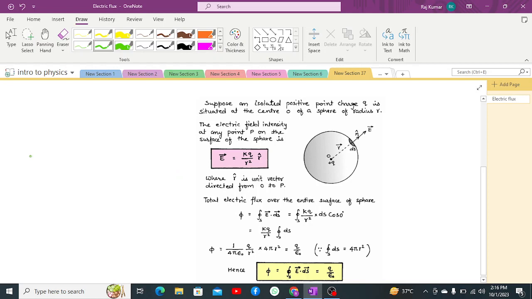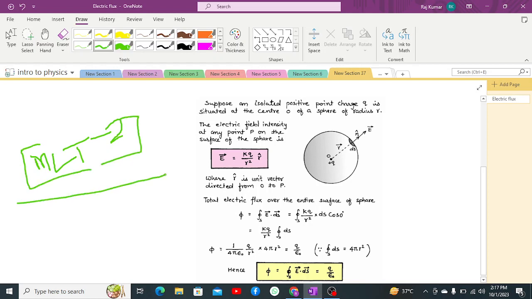One more thing I would like to discuss here is the dimension of electric field intensity. It is force per unit charge, or per positive test charge q naught.